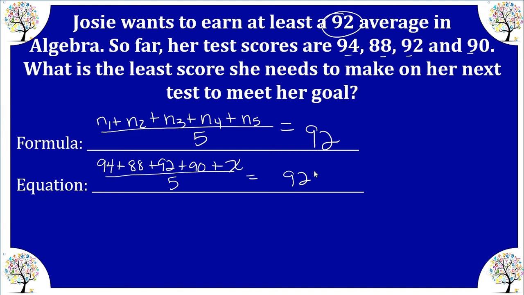And now we are going to combine our like terms. So I'm using a calculator. 94 plus 88 plus 92 plus 90 equals 364. So I just combine like terms. Please don't forget to bring down the plus x. Divided by 5 equals 92.